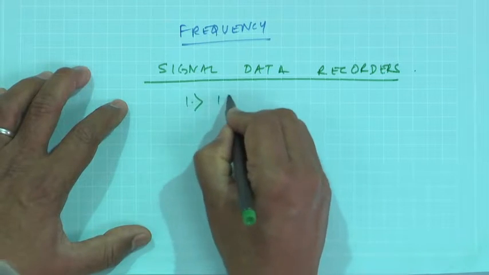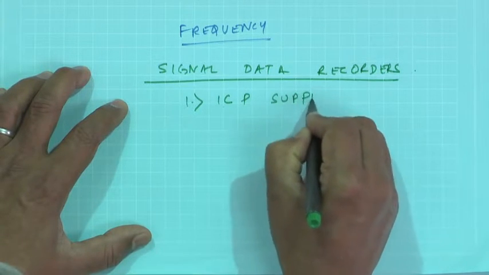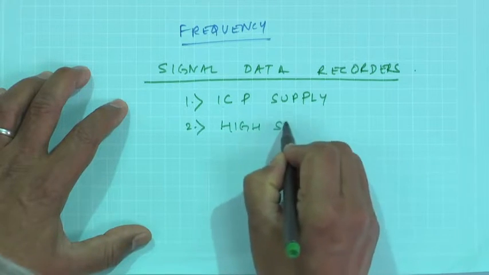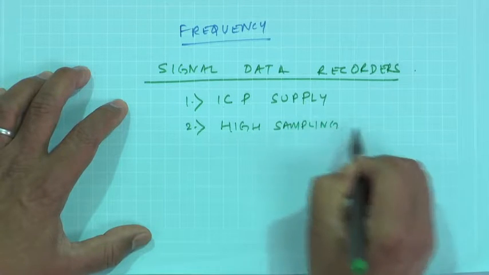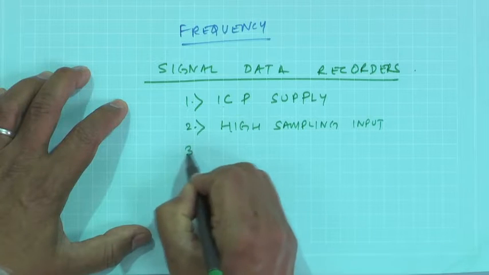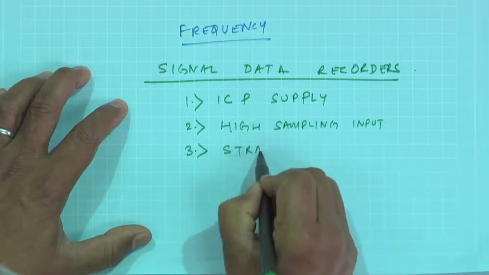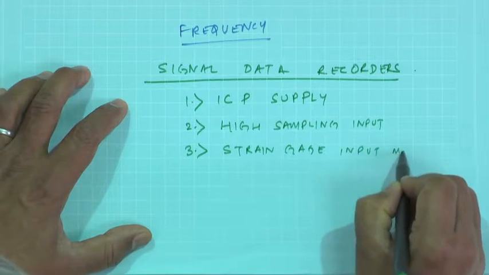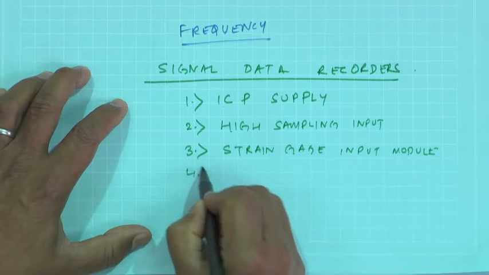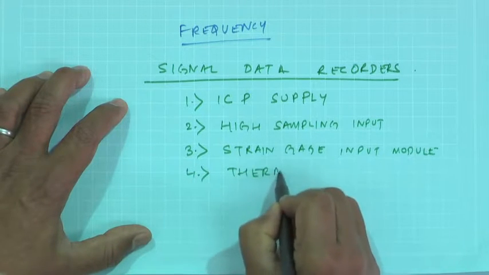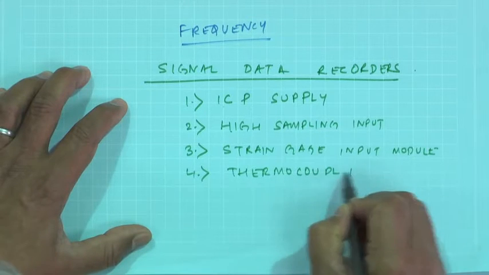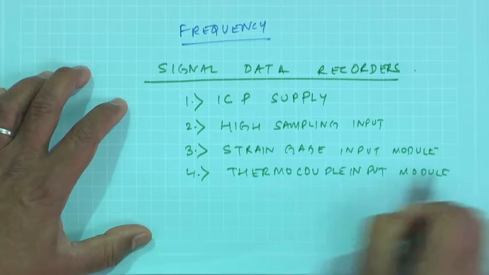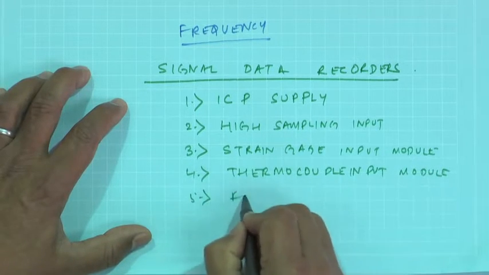For example, they will give you an ICP supply, they have a high sampling input, a strain gauge input module, a thermocouple input module, and then a frequency counter.